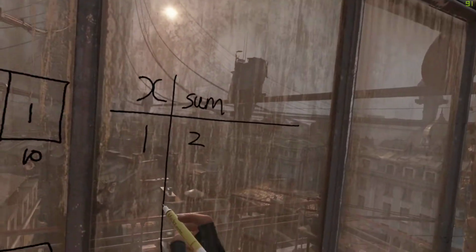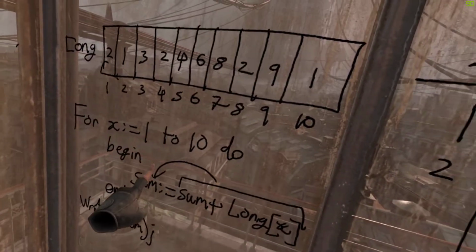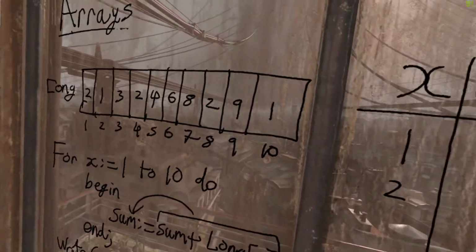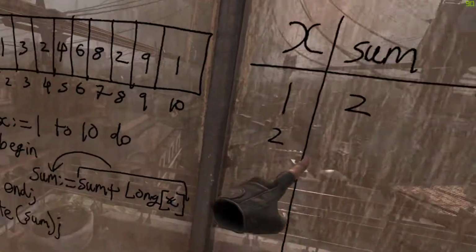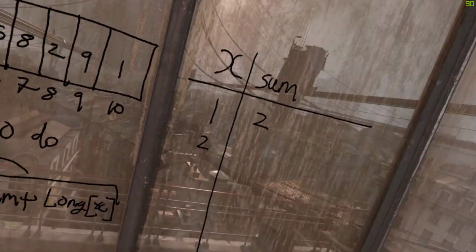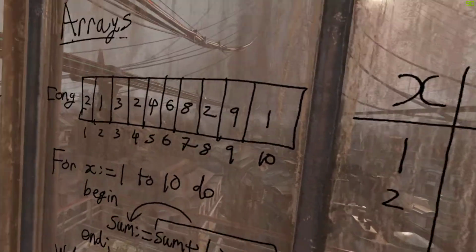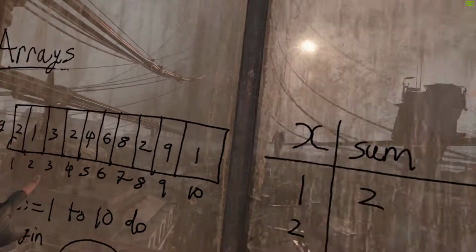X will become 2. We go in now. Sum becomes sum plus long[2]. Long[2] is 1, and sum right now is 2. So that's 2 plus 1.